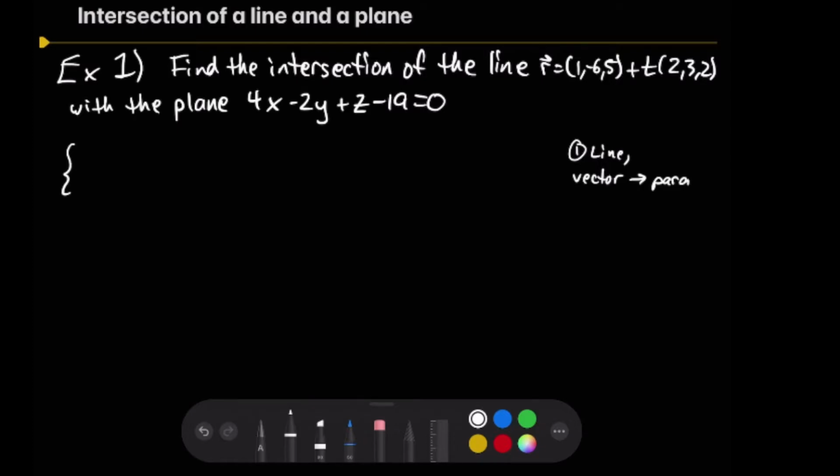For the x component, x is going to be equal to 1 plus 2t, and of course, as we've seen previously, just grabbing these values from here, y is equal to -6 plus 3t, and z is equal to 5. Sorry, there's a typo in the question. This should be -5. So this is a -5 plus 2t. All right, cool.